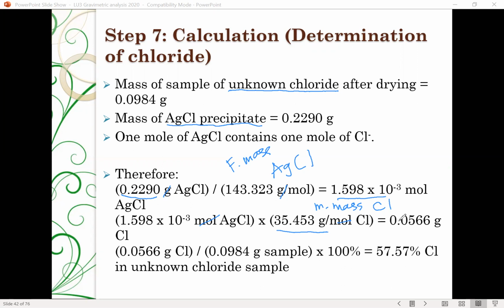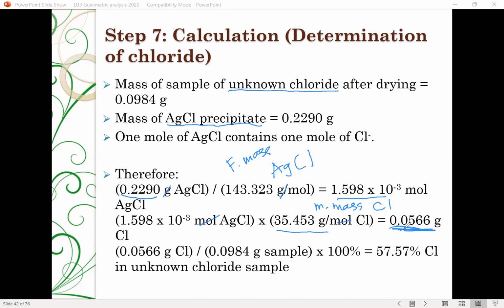Once we already have the mass of chloride in the precipitate, we can also calculate the mass of chloride in the sample. This is exactly the amount of chloride, the mass of chloride in the sample as well, because the purpose of the precipitation process is to get the mass of our analyte. In this case, our analyte is the Cl, or the chloride ion.